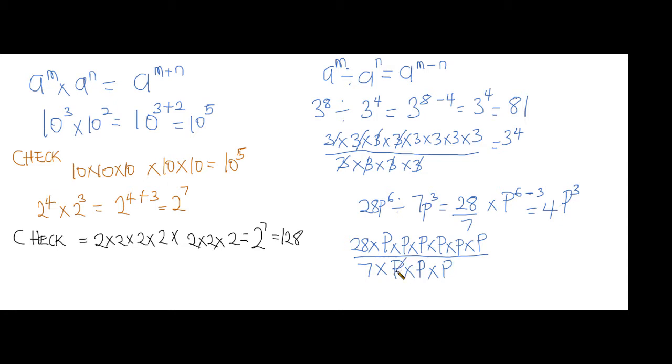So we cancel out all the p's, and 7 can divide 28, that'll be 4. So we're having only 3 p's left. And you can see that the law of indices makes work faster and less cumbersome.